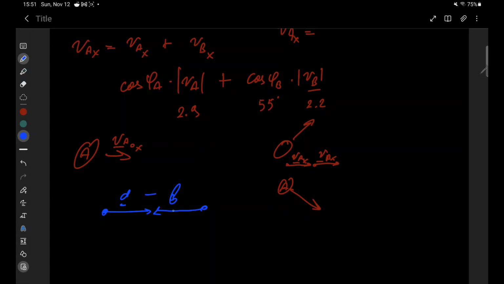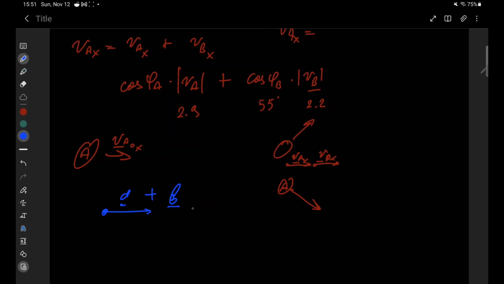But if we just write them as vectors, it still stays the same. Why? Well, because now B already has a negative value inside of it. So yeah, that's why vectors are really cool. They will do the job for you. They really are amazing.